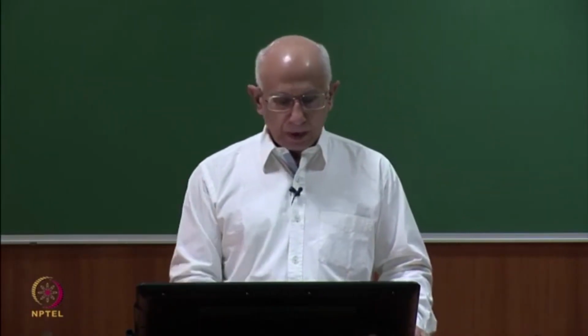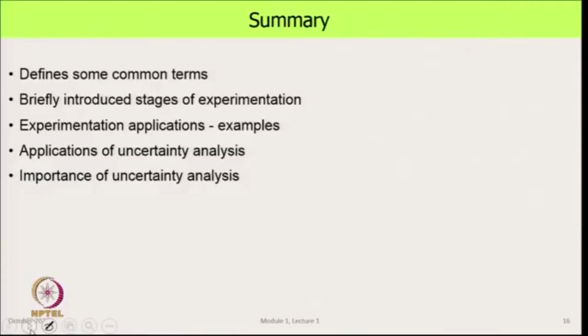So, to conclude this lecture, what we have done today is we defined some common terms that we will be using throughout the course. We briefly introduced the stages of experimentation. A few lectures later on, we will come back to it in more detail.